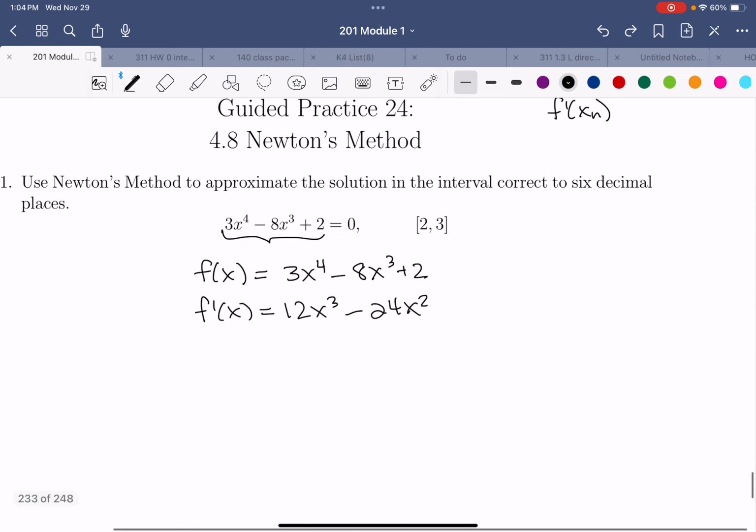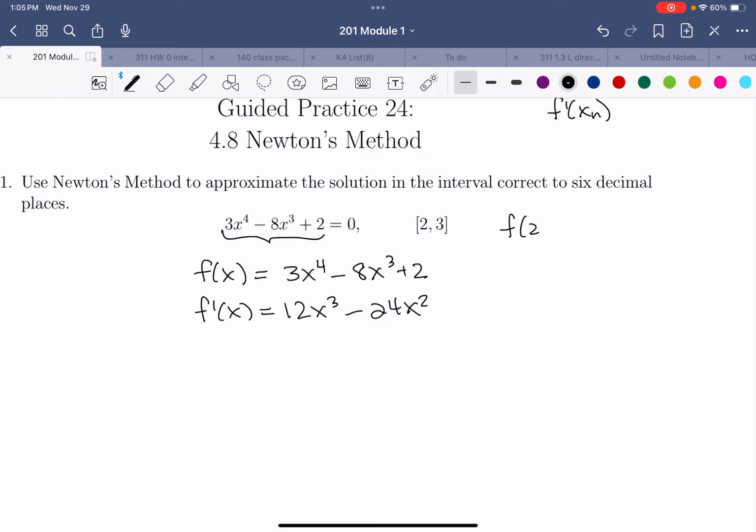I'm using a graphing calculator here. If I plug 2 into the original function, you're going to get negative 14.